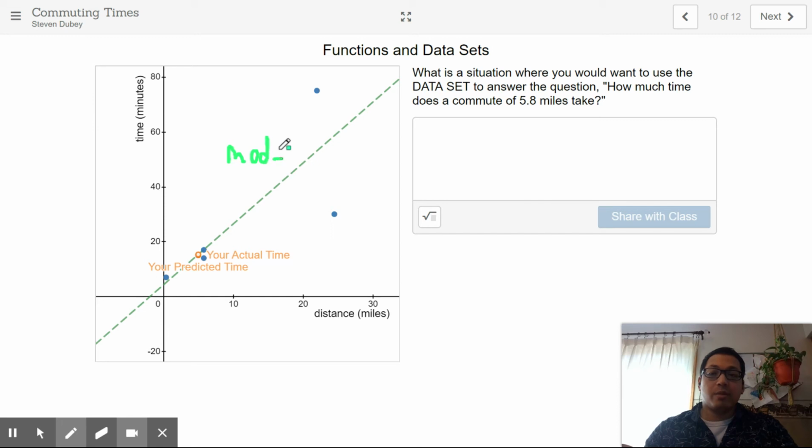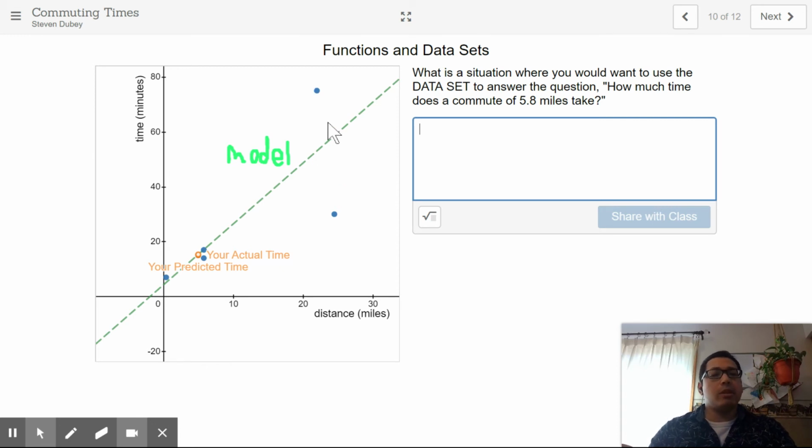But this green line is our model. The blue dots are our actual data. So when would you want to look at the actual data to answer this question instead?